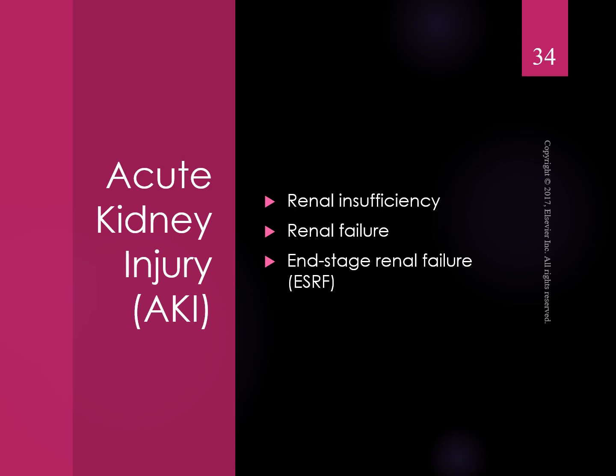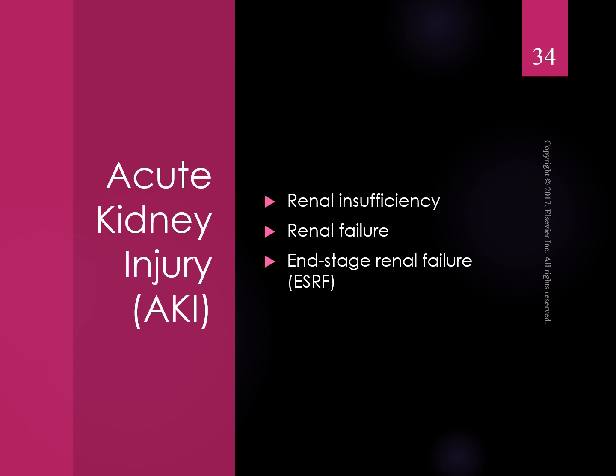Acute kidney injury is a sudden decline in kidney function with a decrease in glomerular filtration and urinary output, with accumulation of nitrogenous waste products in the blood, as demonstrated by elevation in plasma creatinine and blood urea nitrogen levels.